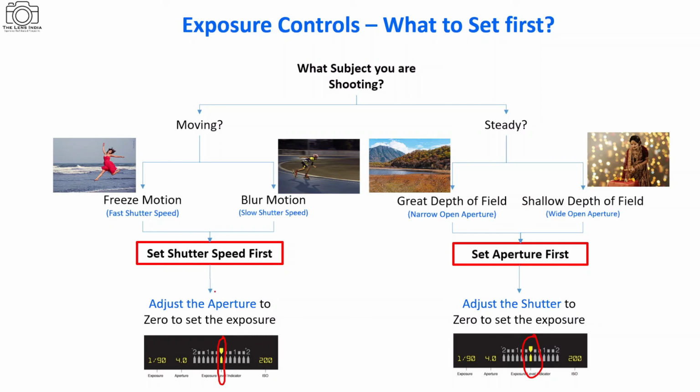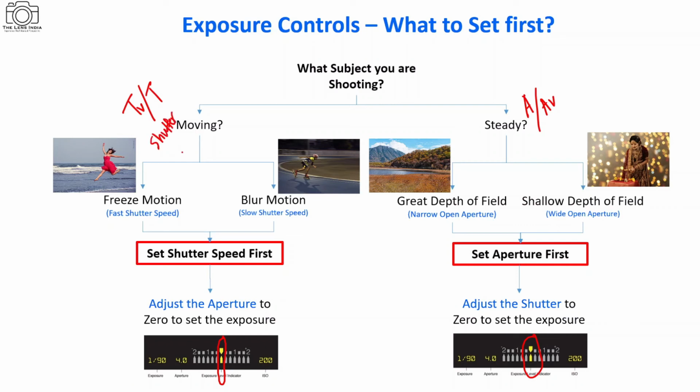So suppose we are shooting some moving object, we will set the camera in the TV or T mode, and if you are shooting steady objects, then we will set the camera to the aperture priority mode or the AV mode. So we will give the preference to the aperture when we are shooting steady objects, and when the objects are moving, we will give the preference to the shutter first, right?